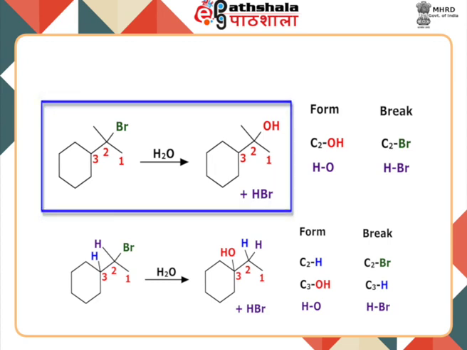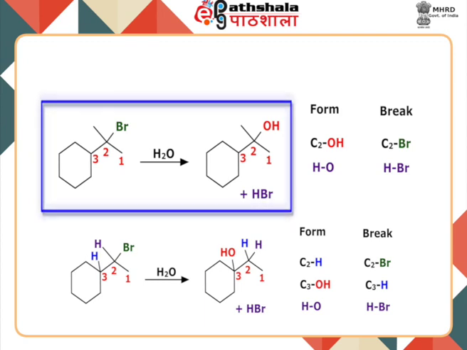What you can notice here is that this first example shows a normal substitution reaction where this Br has been replaced by OH just where it was originally. That is, the C2 with the Br bond is breaking and the C2 with the OH bond is getting formed.